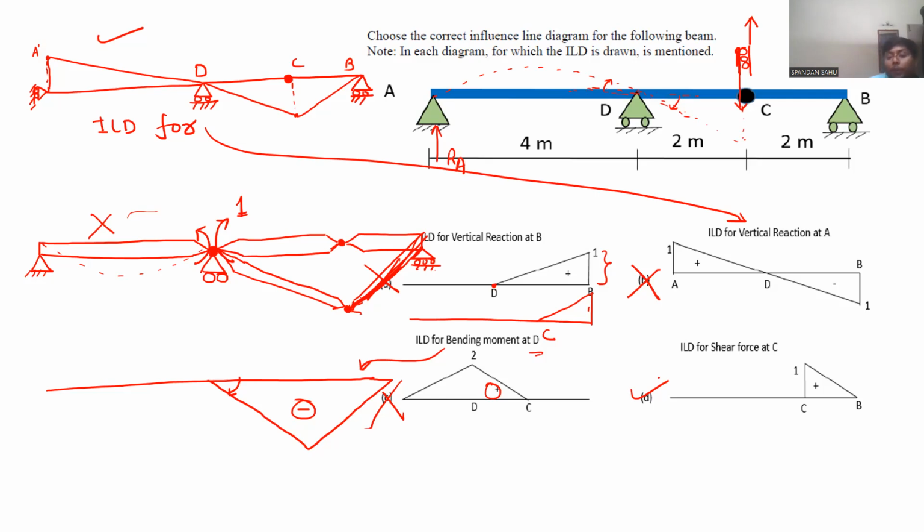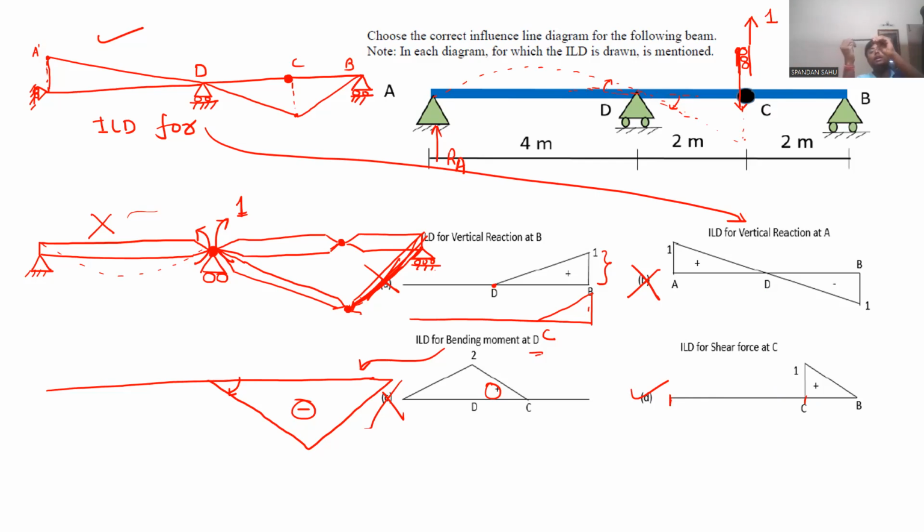So for this part A to C, the coordinates will be 0. Now this part is not coming downward, so the entire lift will be in the top and upward. Now B is a roller, and there is no bending restraint here.